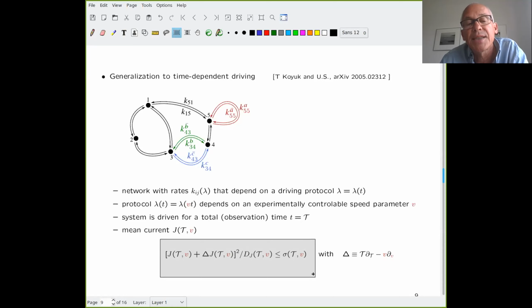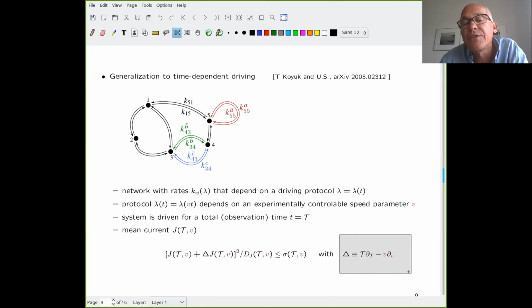So what is delta J? Delta is an operator which is the derivative with respect to the observation time and the derivative with respect to the speed parameter. So you measure the mean current over a certain time, and then you look at how that mean current varies with time and how it varies with that speed parameter.